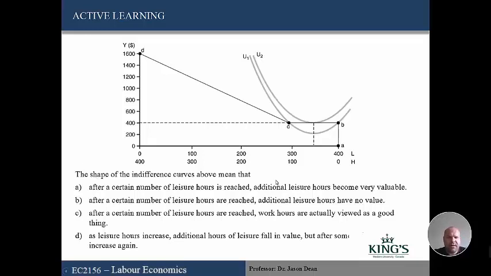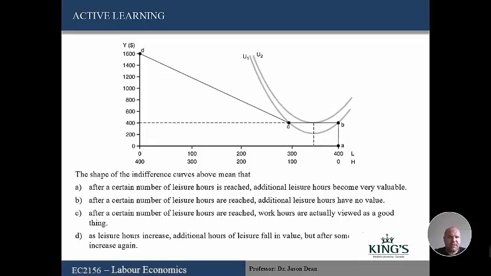Well, let's look at an indifference curve and just think about an area on the portion before it turns around. In this area, if we take away leisure, we need to give the person extra income to remain indifferent. But on this positively sloped side, if we were to take away leisure, we could take away income, and the person would remain indifferent.